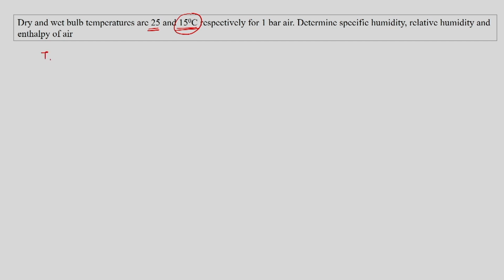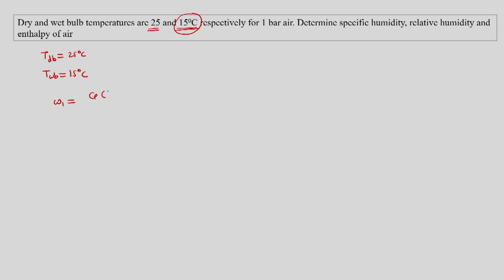So we are given dry bulb as 25 degrees Celsius, wet bulb as 15 degrees Celsius. We can make use of these two temperatures in the formula we have already derived.